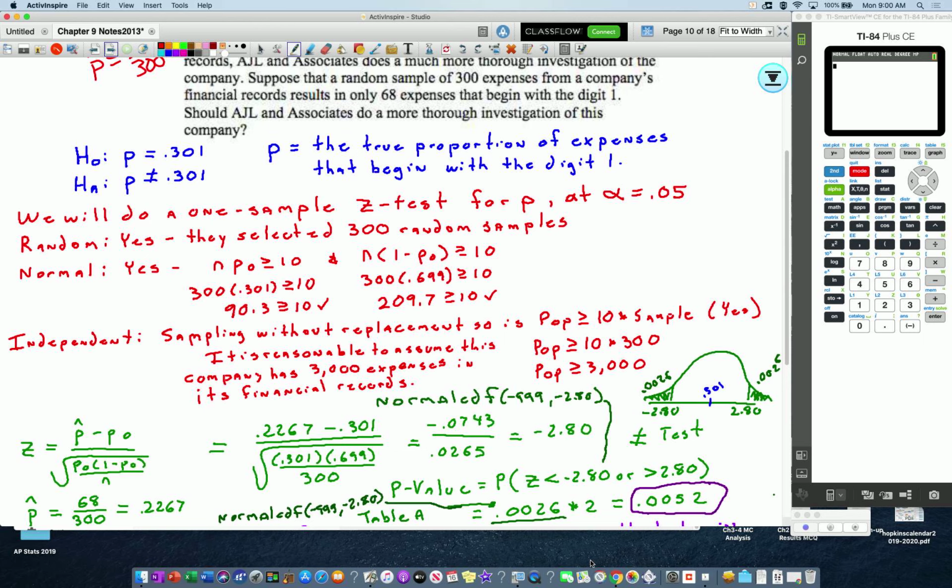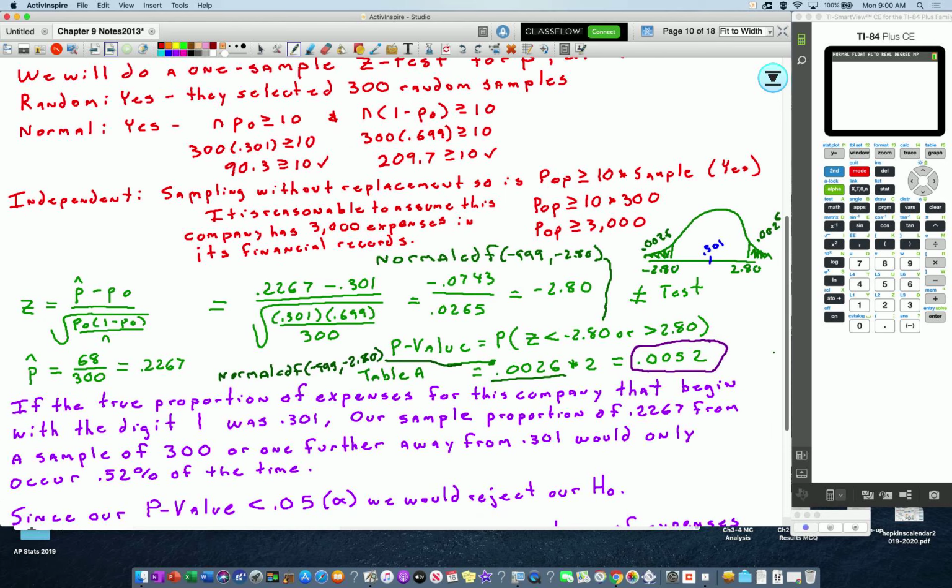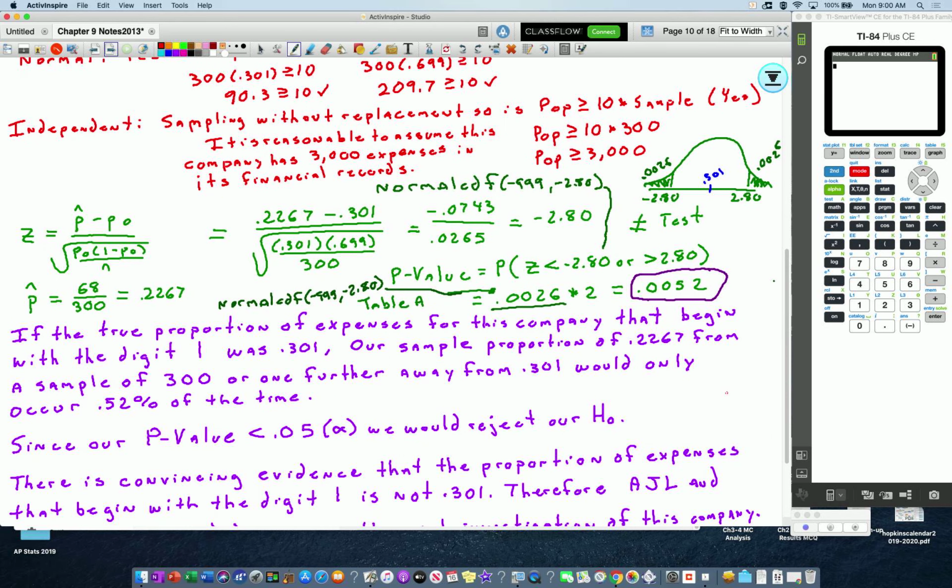Now we want to calculate the p-value here. That's everything in green. Again, we're calculating our z-score. Our p-hat was 68 out of 300, 0.2267. We take that value, subtract it from the proportion of the null hypothesis, 0.301, and divide by its standard deviation.